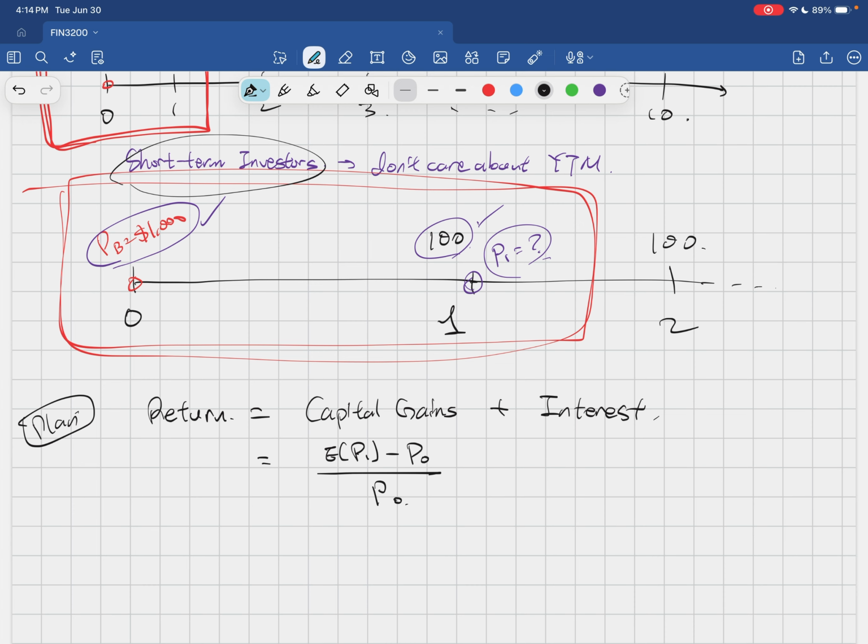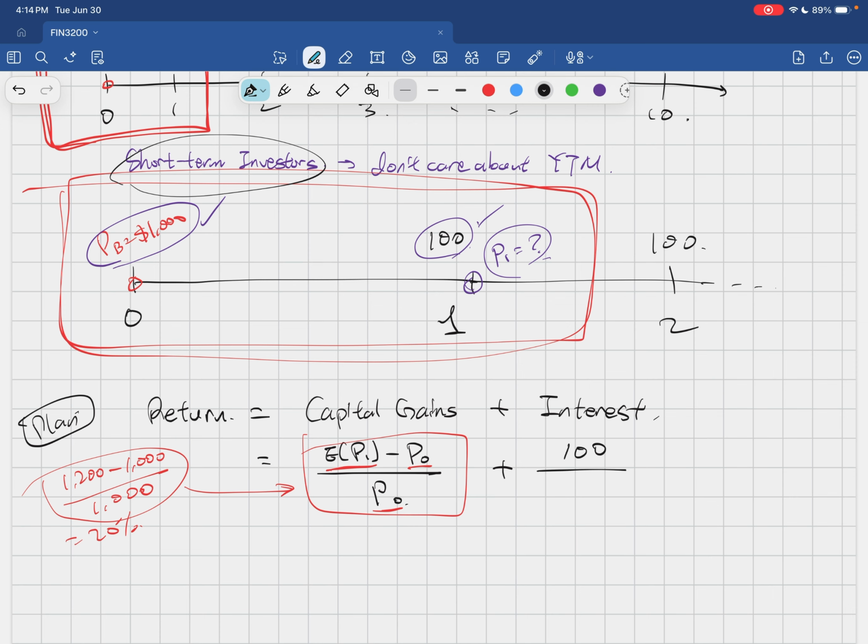They sell the bond in time 1 and they paid $1,000, and this is how you calculate the return. If the bond price happens to be $1,200 in 1 year and you paid $1,000, then the return is 20%, right? That's what I'm showing you using an expression. And the interest component is the $100 they get by paying the $1,000, okay?